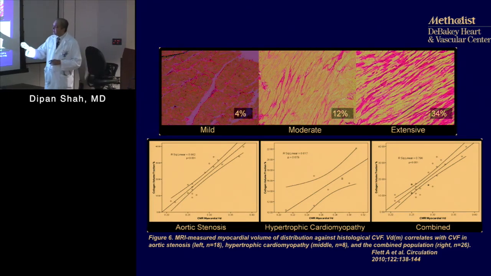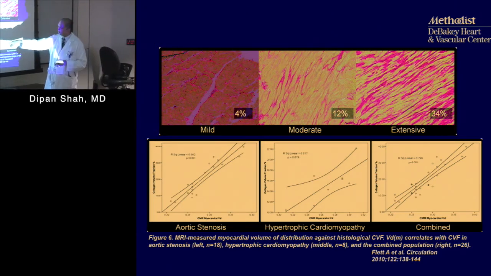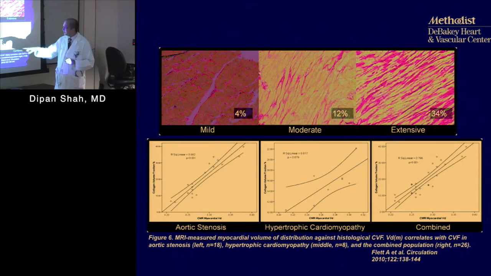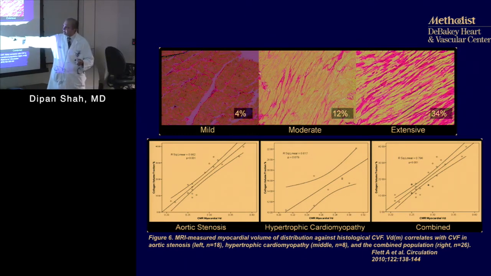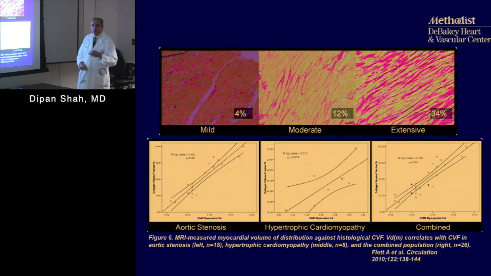They underwent the CMR technique to determine extracellular volume fraction, which is on the x-axis. Then by biopsy at the time of surgery for aortic valve replacement, they looked at the collagen volume fraction in the septum. You can see there seems to be a reasonably linear relationship between the extracellular volume fraction by CMR and collagen volume fraction by histopathology.